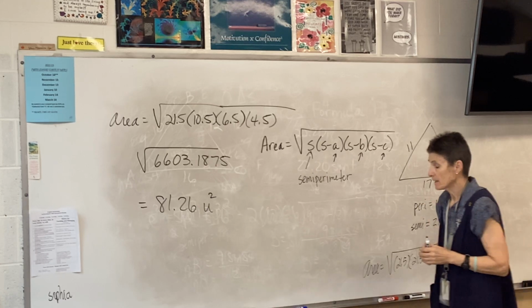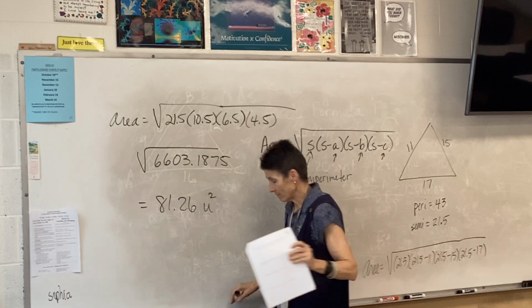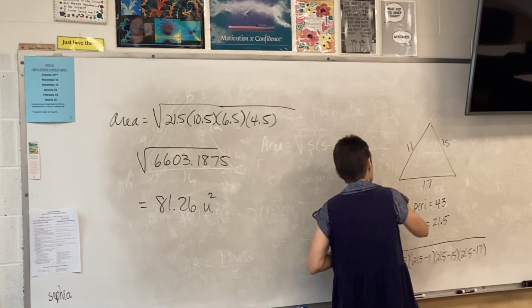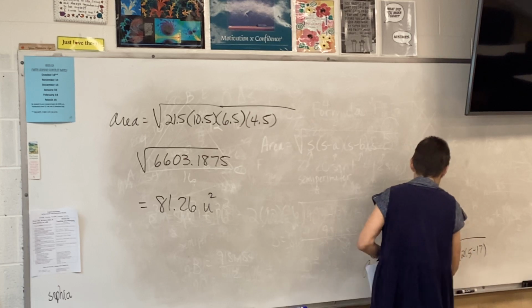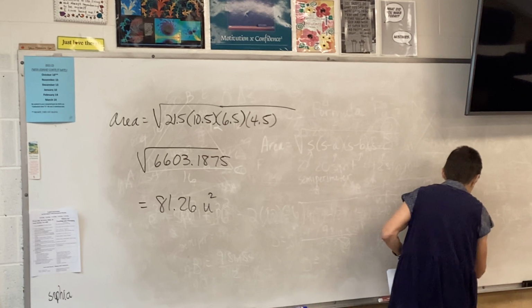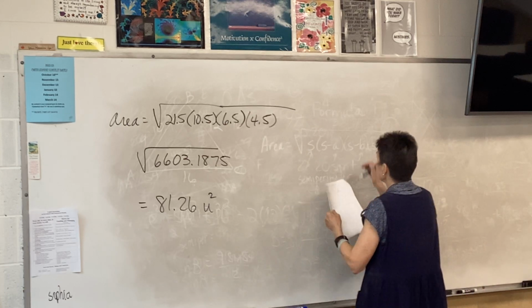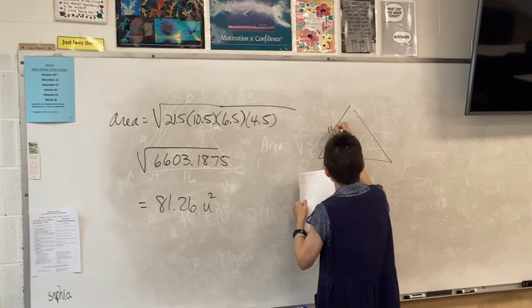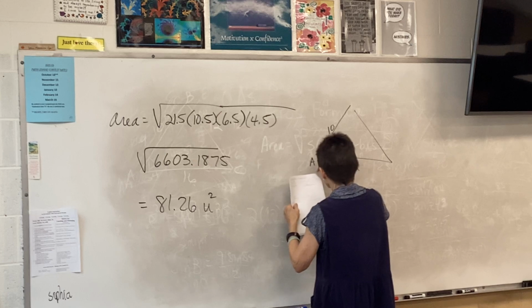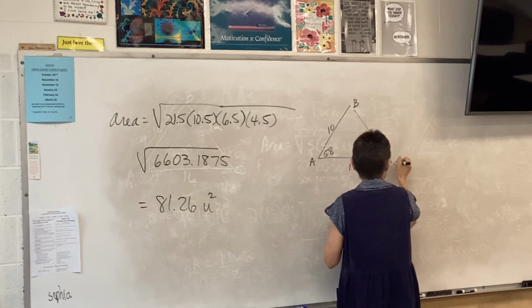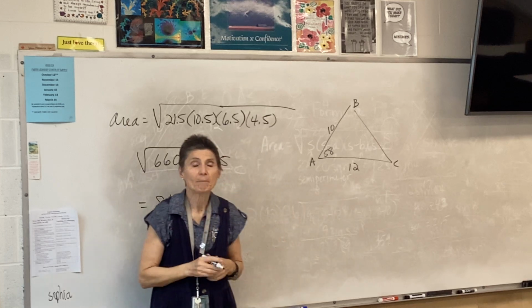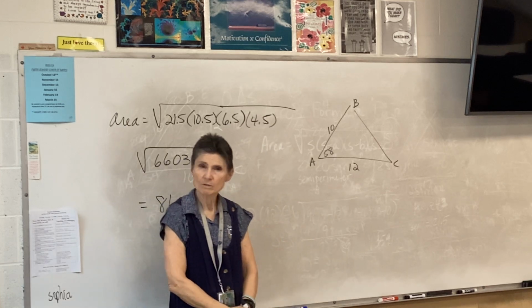Easy. Look at problem B, however. Problem B is not going to be a Hero's formula problem. Problem B does not have all 3 sides. So do you see how it would be impossible to do Hero's formula?